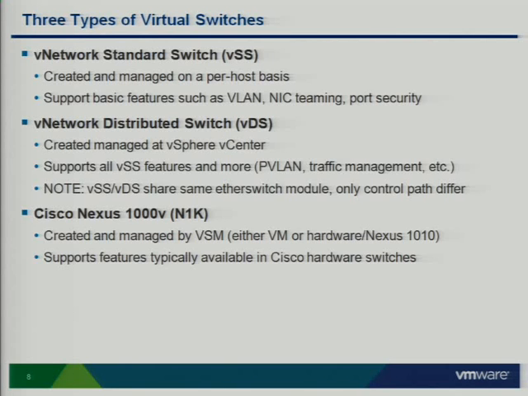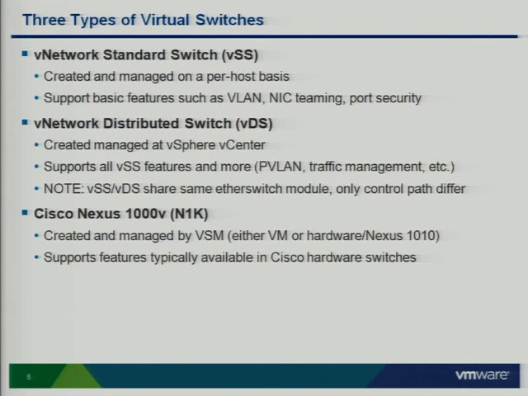The second type of switch is called a distributed switch, abbreviated as VDS. The primary difference between VDS and VSS is that the VDS is created and managed at the vCenter level. So you have a vCenter that's controlling a whole bunch of hosts, and you create a single logical switch at the vCenter.